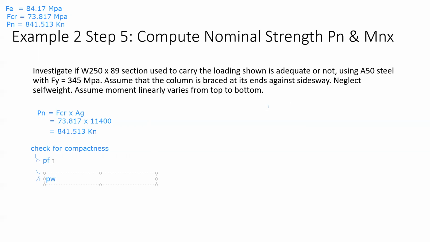So ang formula ng compactness is 0.38 times the square root of E over Fy. And for our web, we have 3.76 times the square root of E over Fy.